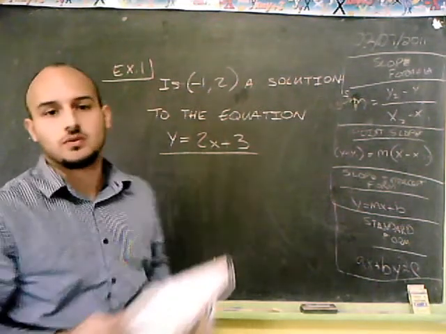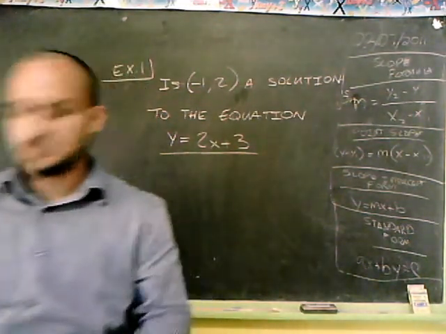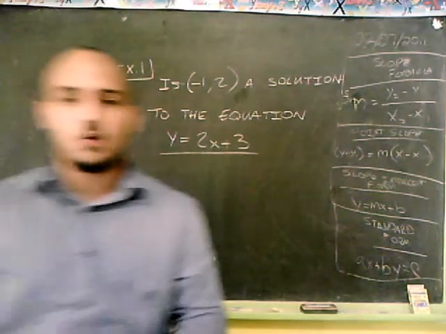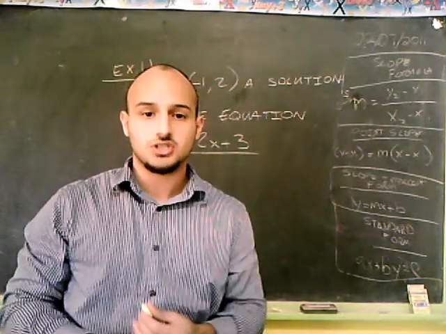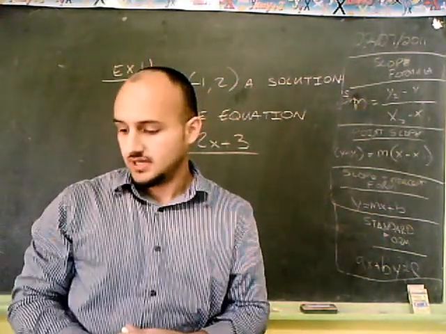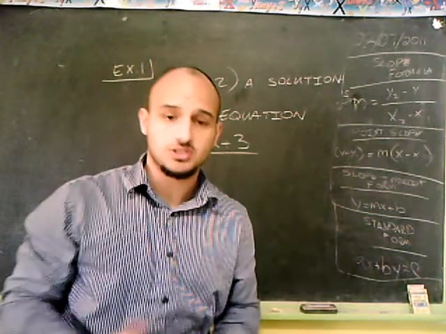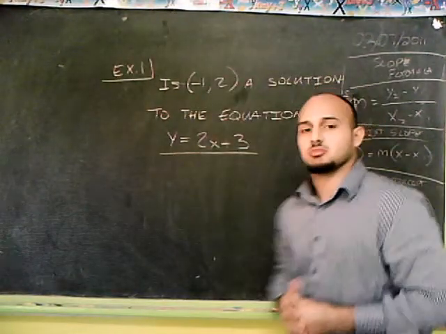The line we're dealing with is y equals 2x plus 3. They want to know, is negative 1 comma 2 a solution to y equals 2x plus 3?